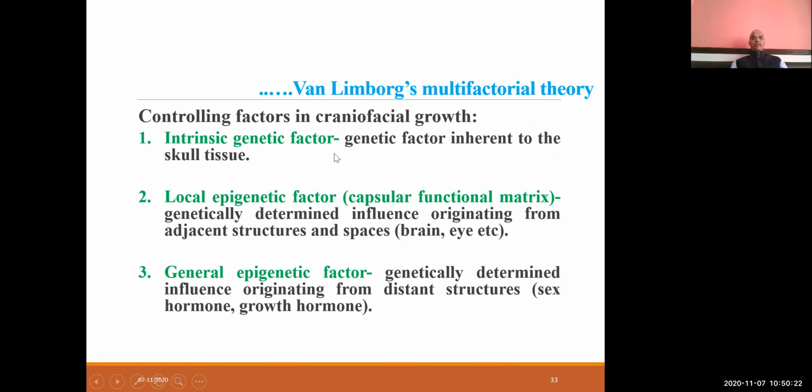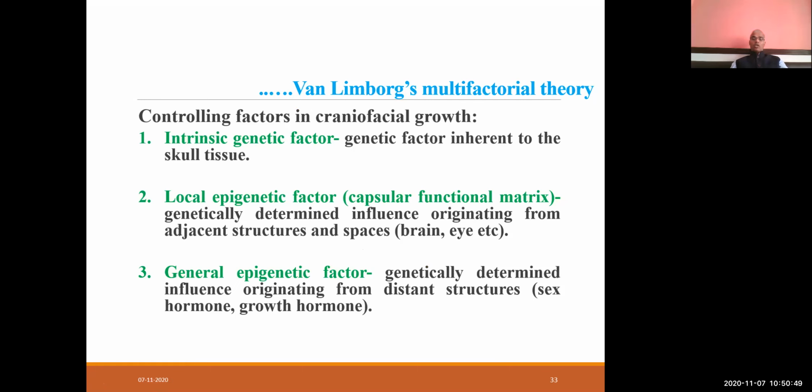The intrinsic genetic factors are genetic factors inherent to the skull tissue. Local epigenetic factors, that is the capsular functional matrix, are genetically determined influences originating from adjacent structures and spaces like the brain, eye, etc.